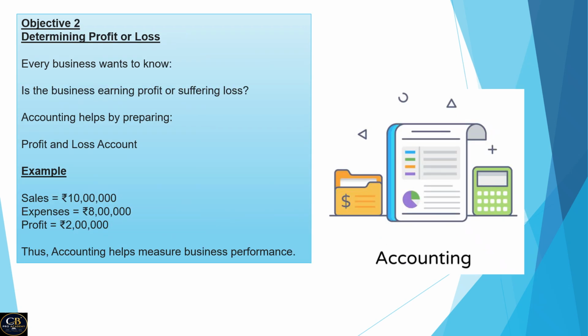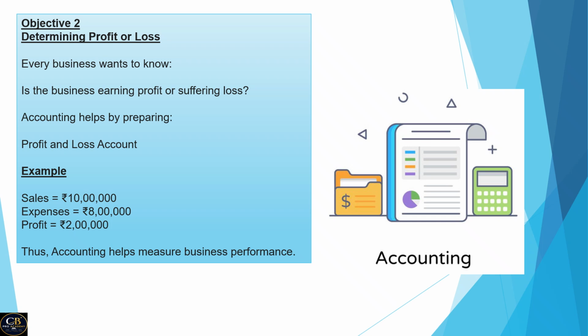Determining profit or loss. Every business wants to know whether they are earning profit or suffering a loss. How would they be able to know? With the help of accounting, because accounting helps us in preparing the profit and loss account. Let's take an example.